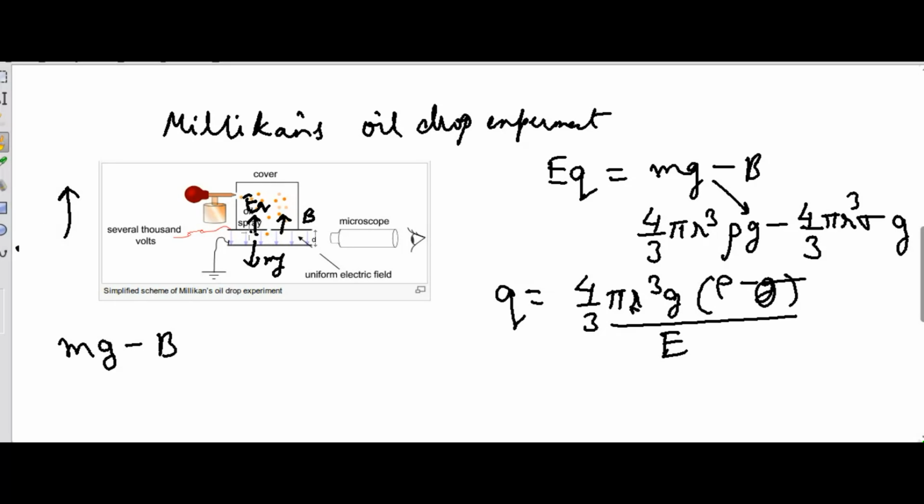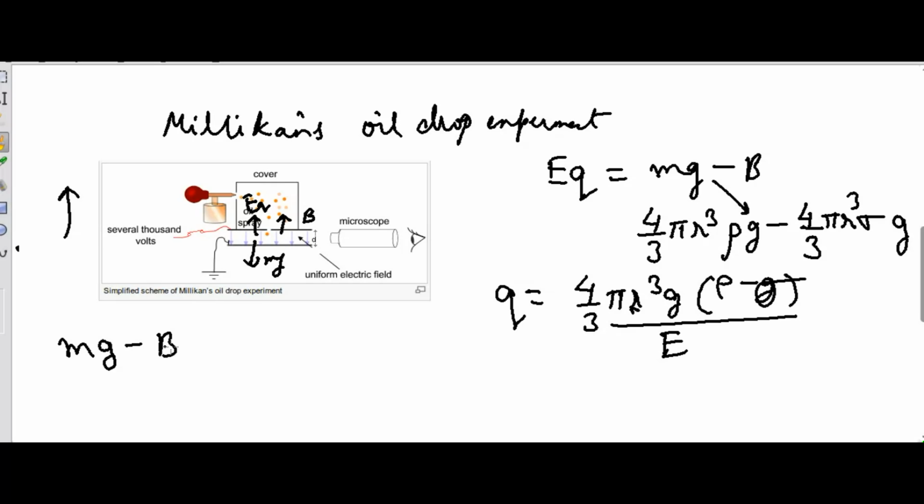Because of the viscosity, the air will resist the net force in the downward direction while the droplet is falling. The viscous force will act in the opposite direction.